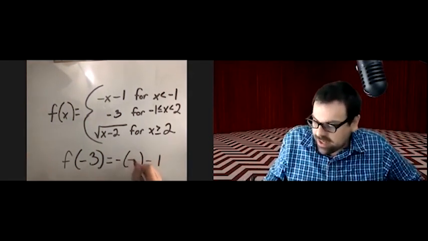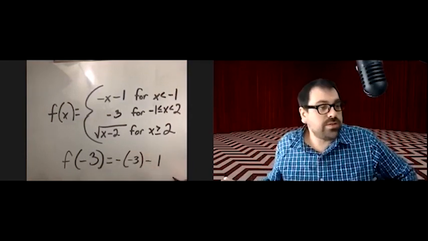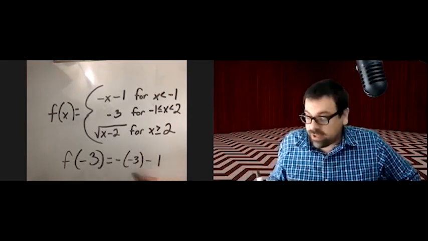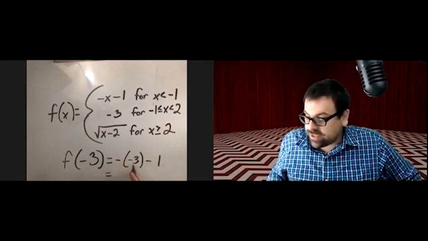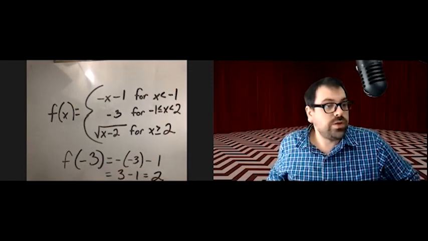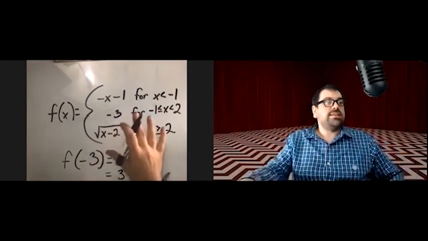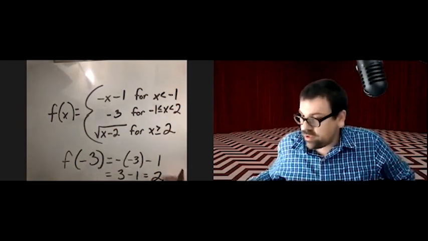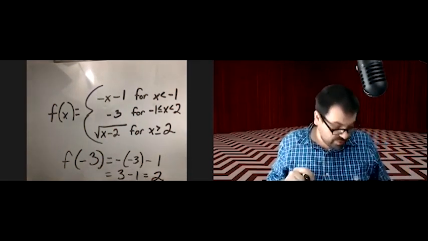And then I plug my -3 in afterwards. And then I evaluate. The opposite of -3 is +3. 3 minus 1 is 2. So f of -3 in this piecewise defined function would be +2.